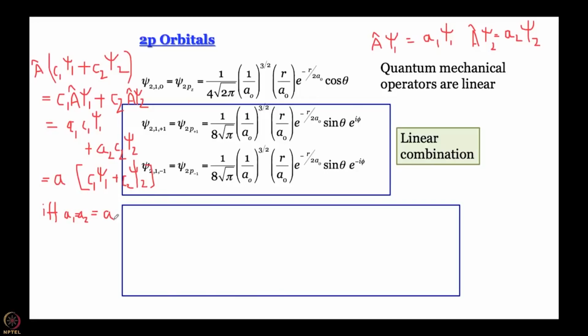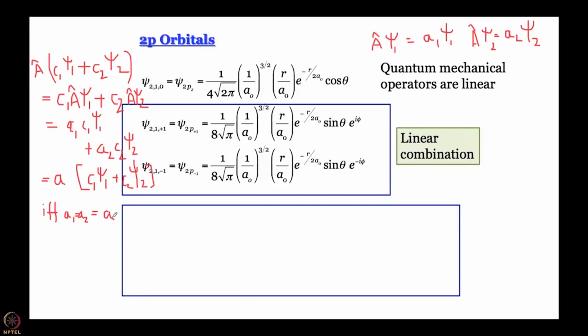So, here think of the Hamiltonian operator. What are we using orbitals for so far? To find out energy. The Hamiltonian operator is the total energy operator. What is the eigenvalue for 2pz and 2p plus 1 and 2p minus 1? They are the same. Whatever is the energy eigenvalue for n equal to 2 is the eigenvalue for all these orbitals.